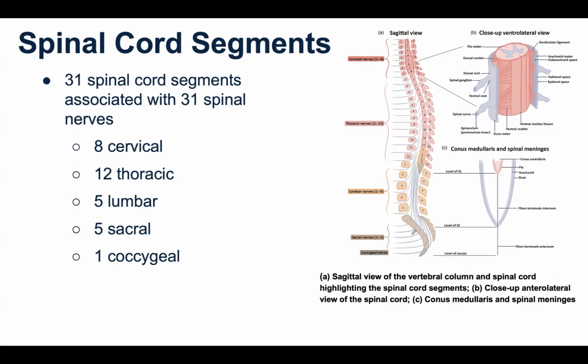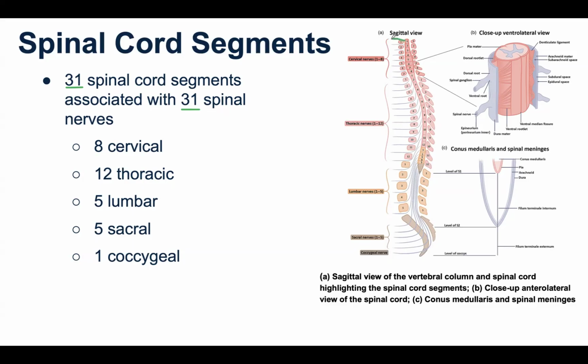So speaking of spinal cord segments, there are 31 spinal cord segments, which are associated with the 31 spinal nerves. There are 8 cervical segments, which is one more than cervical vertebrae, of which there are only 7. The first cervical spinal nerve will actually exit between the first cervical vertebra and the skull.